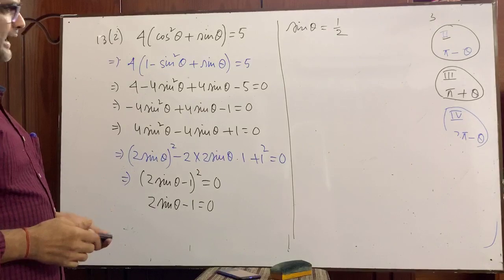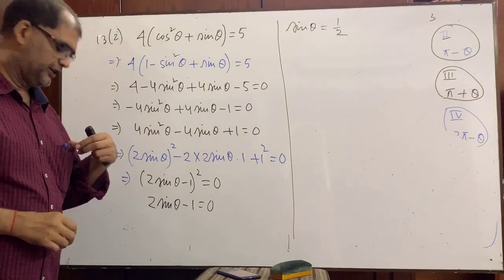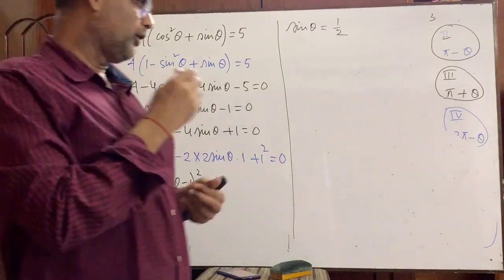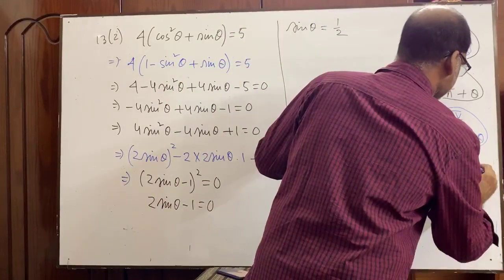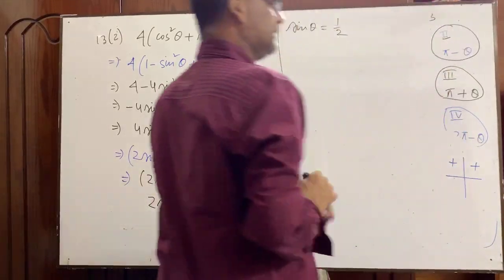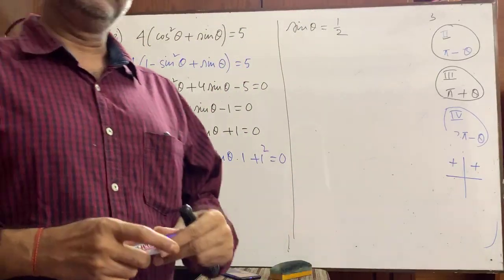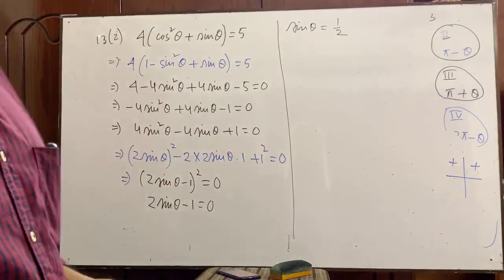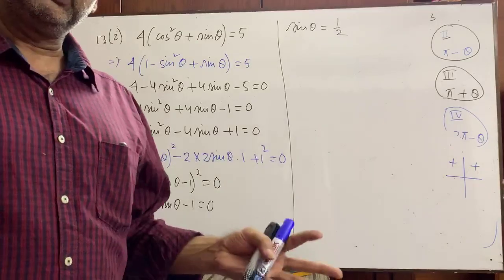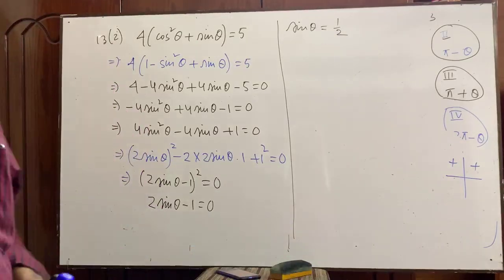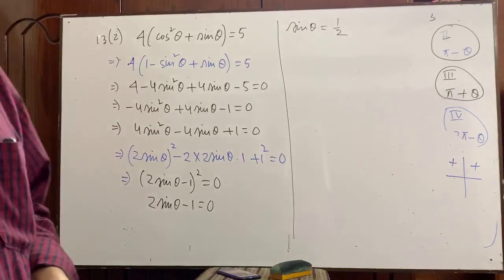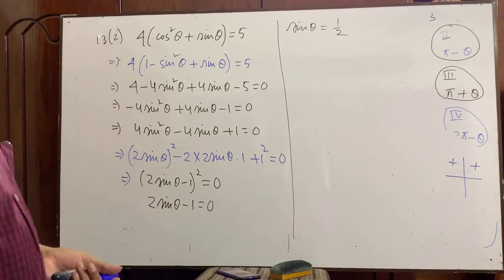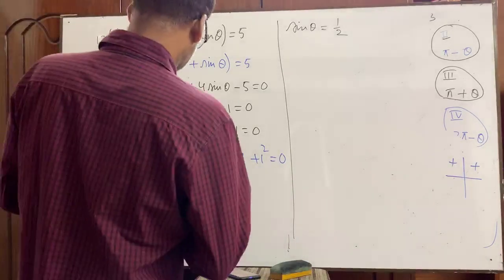Now you have to find where sin theta is positive. Sin theta is positive in the first quadrant and second quadrant. You have come to know that sin theta is positive in the first quadrant and in the second quadrant. First quadrant, very good.